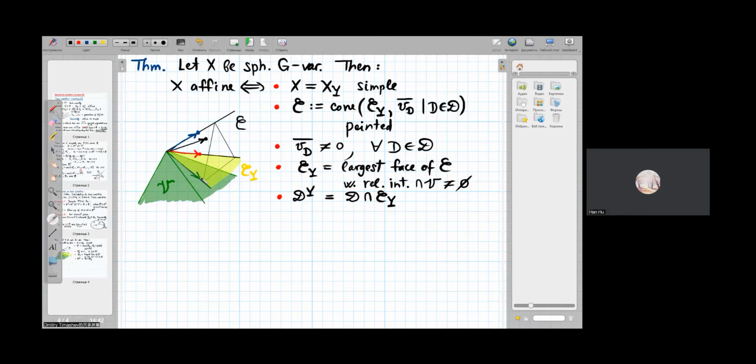So an orbit may be dense, everywhere dense, but not closed, not open, I mean. For Lie group actions, this may happen, but for algebraic group actions, this never happens. Any orbit for an algebraic group action is open in its closure. So if it is dense, it is open. Okay.